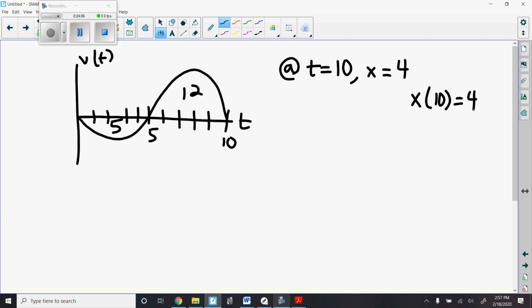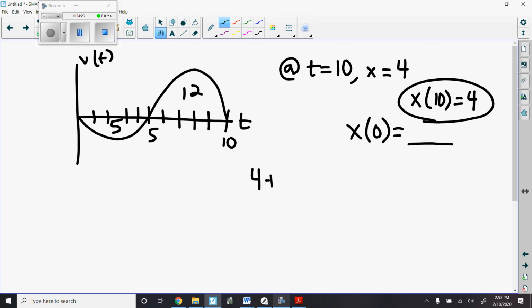So they might say, well, what is x of 0? What is my position at the beginning? Well, again, I can solve this in the same way. I can still calculate this by using this condition here, right? And what I can do is say, okay, I'm going to do 4 plus the integral from what I have. What we have to be careful with here is the bigger number is on the bottom, to the one I want, of v of t dt.